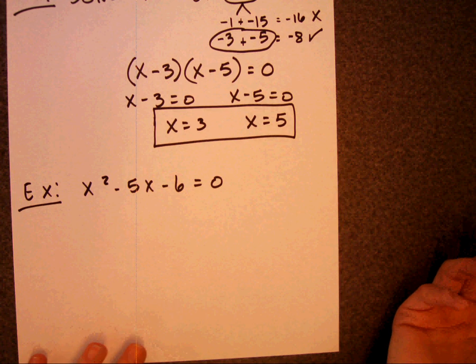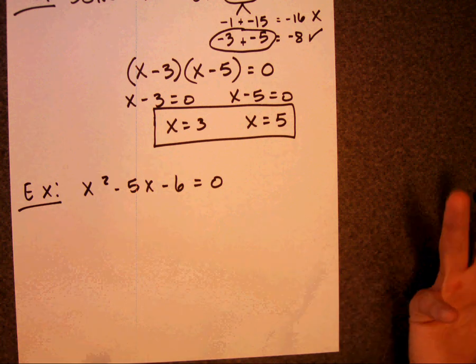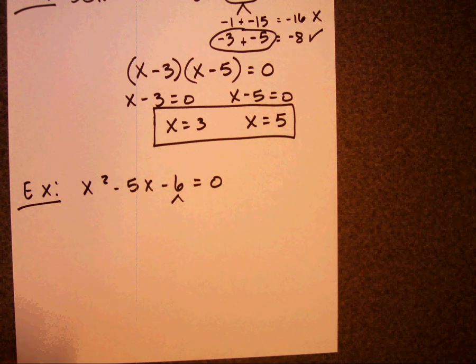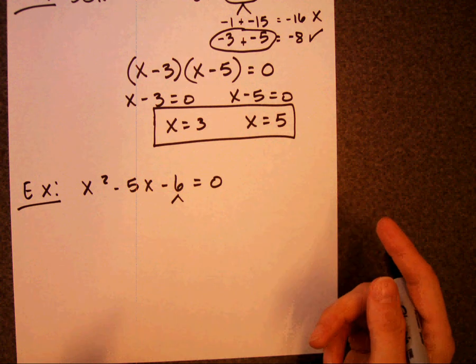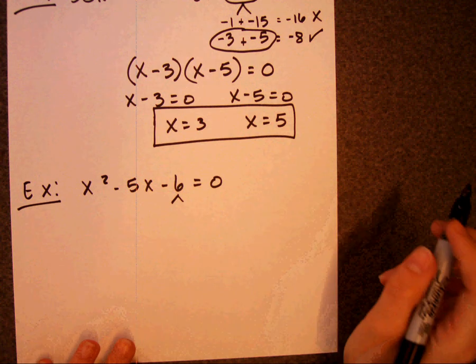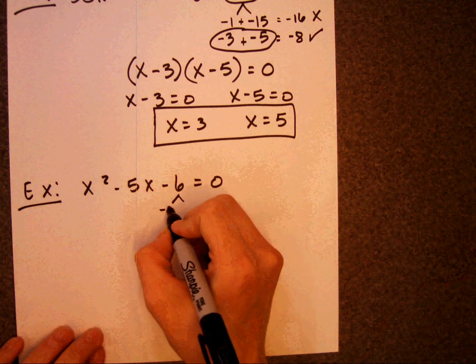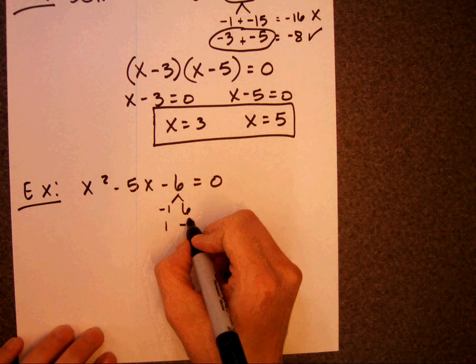I can't do two positives, and I can't do two negatives, because a positive times a positive and a negative times a negative give me a positive. So I know that whatever I multiply together, one factor has to be positive and one factor has to be negative. So think about what my different options are. I know 1 times 6 is +6, so -1 times 6 will give me -6, or +1 times -6.